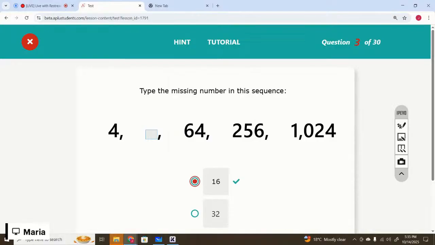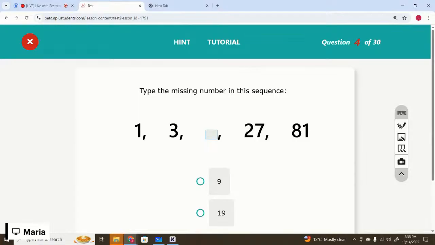Option number 1 is the correct option. 1, 3. The next one is 9. Option number 1 is the correct option.